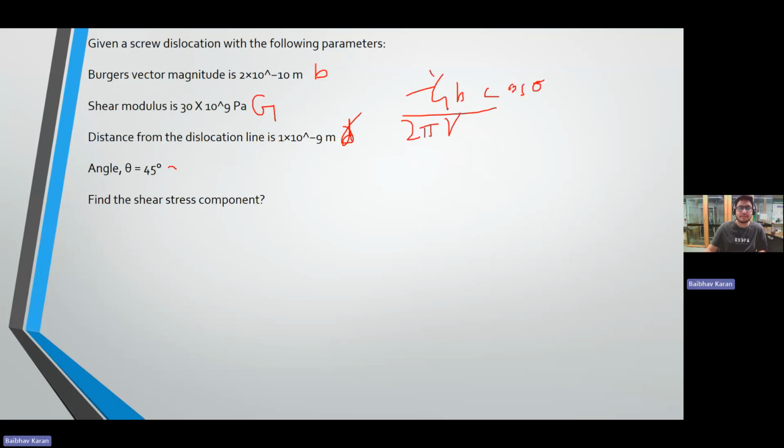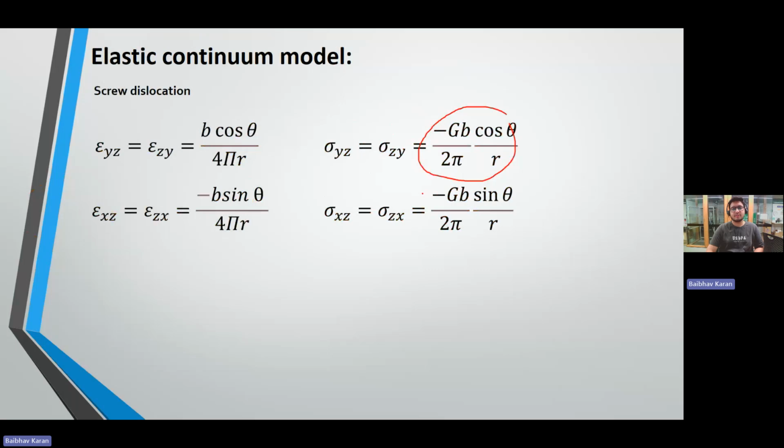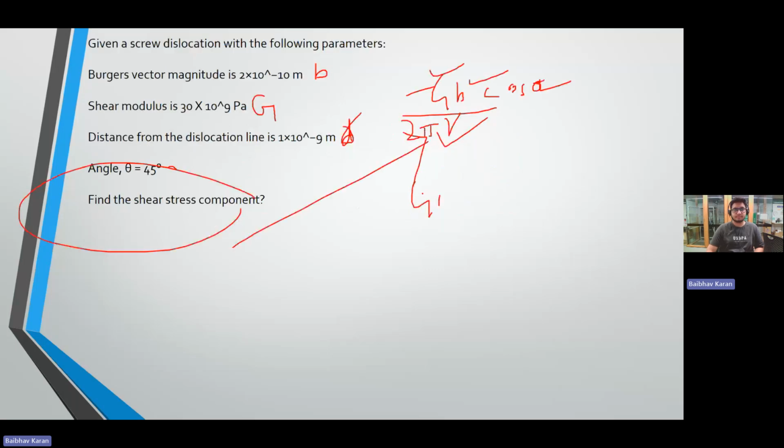So everything is given: G, b, theta and r. We just need to find the shear stress component. This is one, and the other one will be minus G b sin theta by 2 pi r.